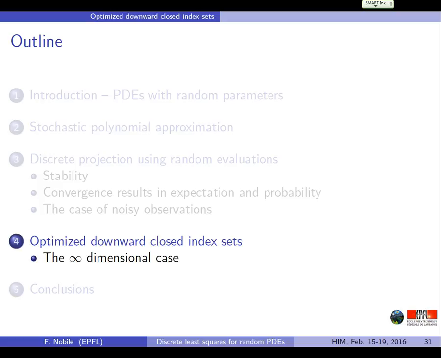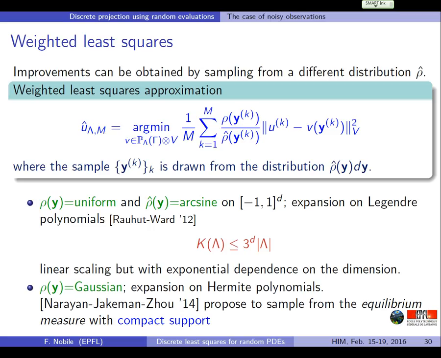Okay, so all what I presented here is in the case you fix the polynomial space a priori, so somehow you have a good knowledge of a sequence of index sets and polynomial spaces.